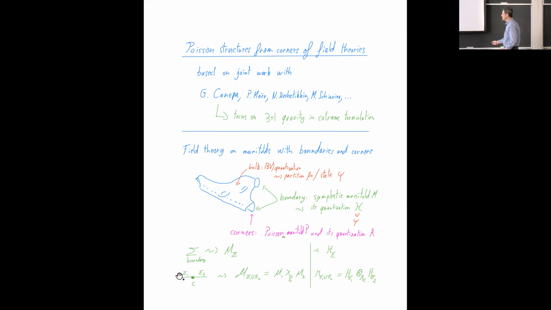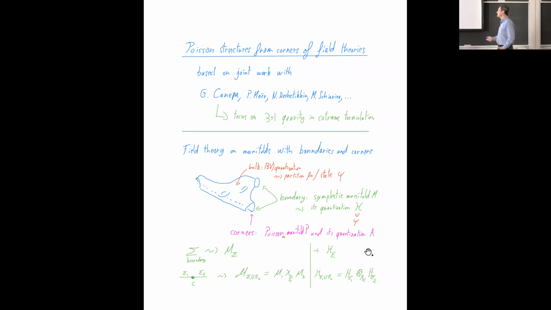For example, in this picture, let me suppose that the boundaries are one-dimensional, sigma 1 and sigma 2, and the corner is this point here. You expect to associate some algebra to the corner C that acts on both Hilbert spaces associated to the two boundaries, and you can glue boundaries along a corner just by taking the tensor product over the algebra.